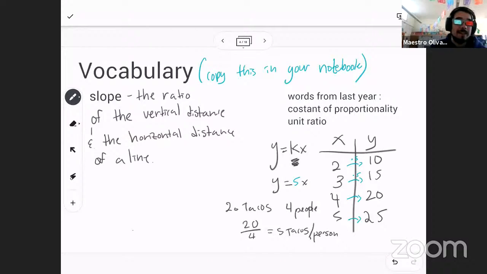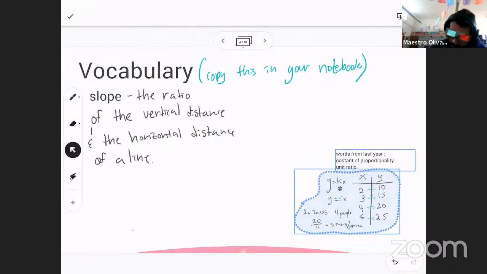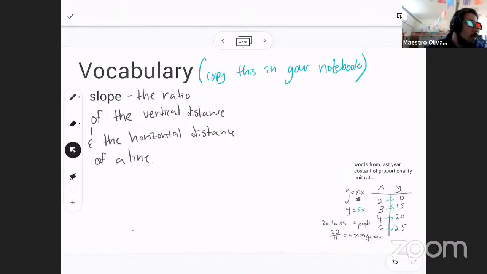I know it seems like a lot, but I'll give you time to copy this down.